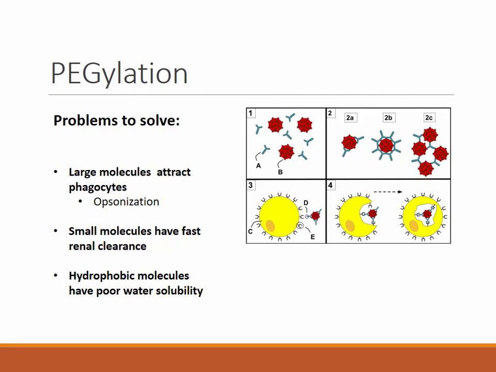So most new drugs present one or more of three problems. Large molecules are vulnerable to attack from the immune system. I had this graphic up before; I'll go into it in a little bit more detail here. Let's pretend these red guys are nanoparticles containing the drug that we want. It's in the blood plasma environment. These antibodies are also floating around.